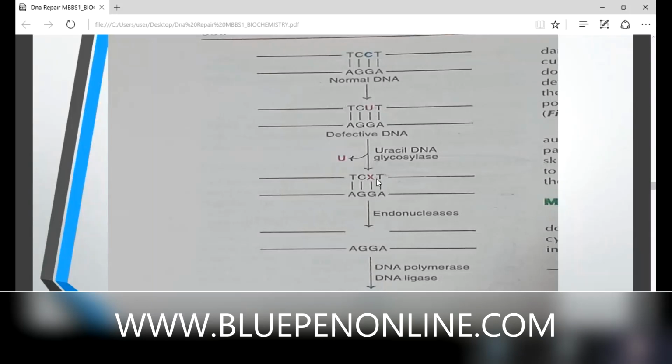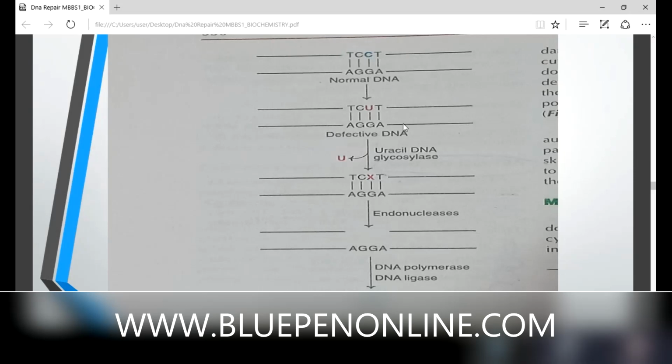There is no base. Then there is a gap. That gap is filled by DNA polymerase and DNA ligase for nick joining. Now back to the normal DNA.